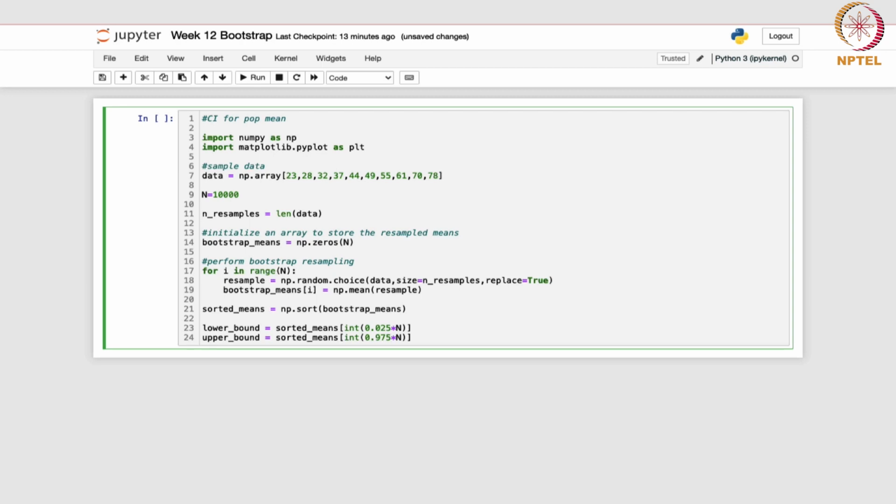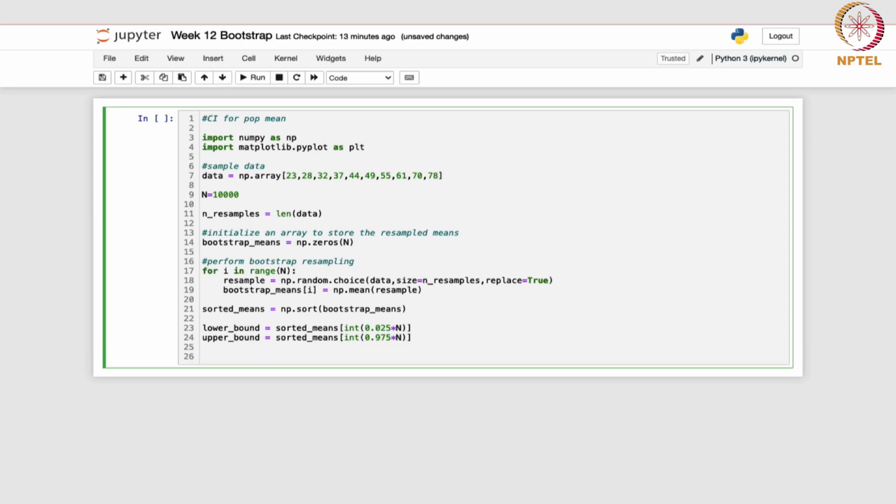So alpha by 2 is above that, to the right of it, and 1 minus alpha by 2 would be below that. So it would be 0.975 of n. So 97.5% of n would be taken, its integer part will be stored in your upper bound. So you have obtained the bounds.